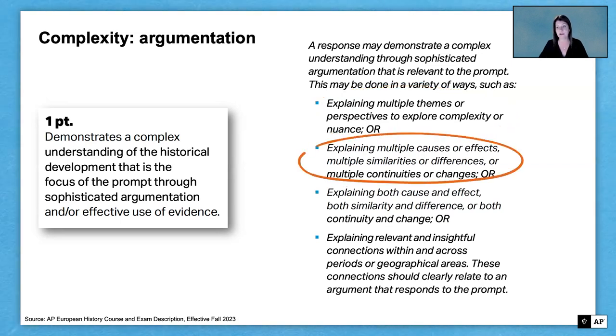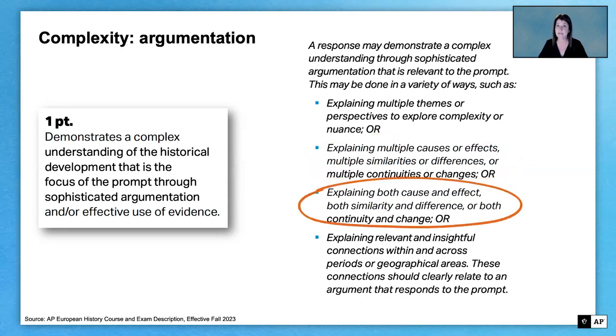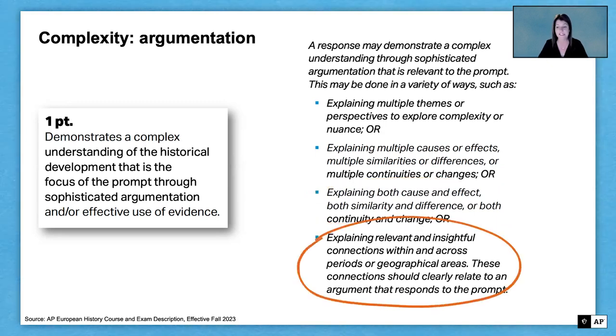They can explain multiple causes or effects, or similarities or differences, or continuities or changes. They can explain both cause and effect, both similarity and difference, or continuity and change. And they can explain relevant and insightful connections within and across periods or geographical areas. These connections should relate to the argument that responds to the prompt.